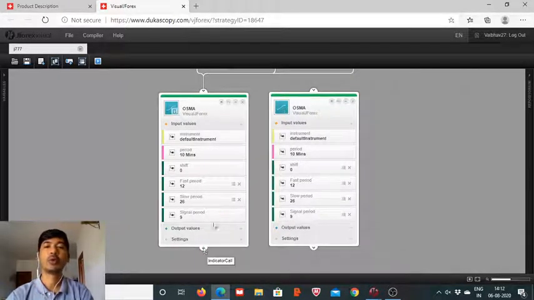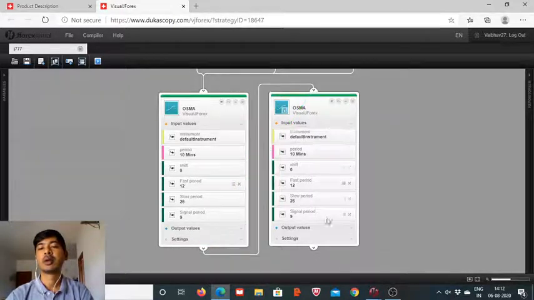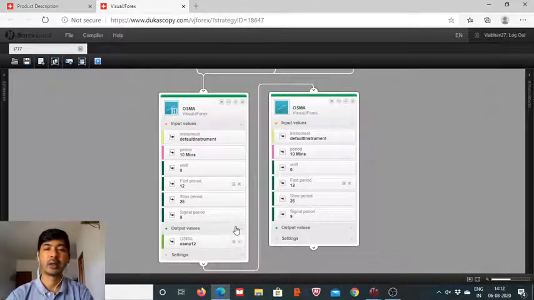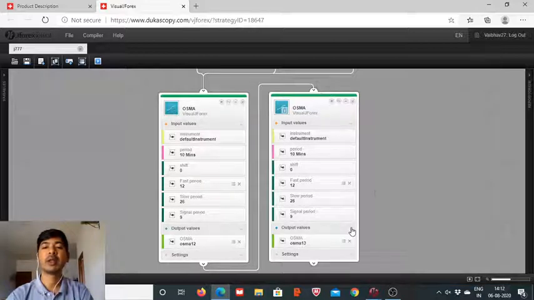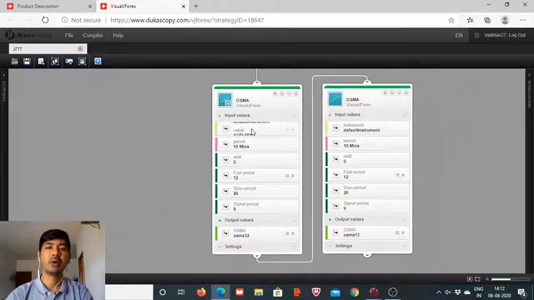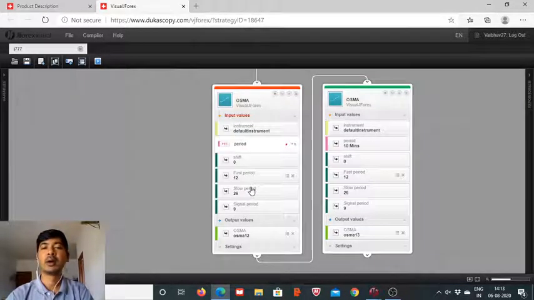So all you have to do is join the flow and consider its output values after defining the parameters. Now, default instrument, we have defined the time period, as I said many times in the earlier sessions as well.